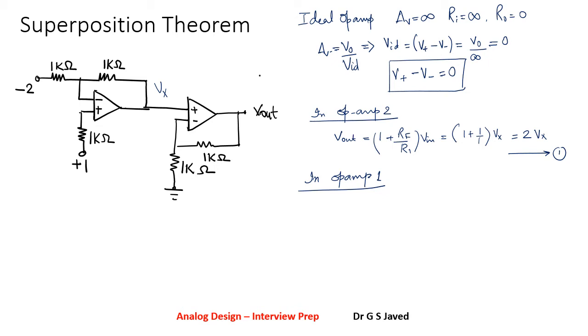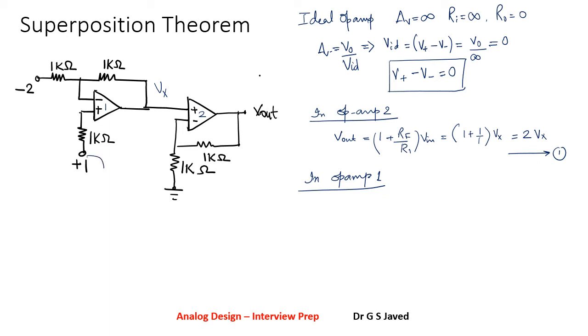The superposition theorem states that the output voltage is the sum of all the input voltages taken individually, one at a time, and calculated. So let us now find the output voltage Vx and then reapply that to equation 1. Redrawing, here we call this op-amp 1 and this op-amp 2. In op-amp 1, it can be written with one voltage turned off.